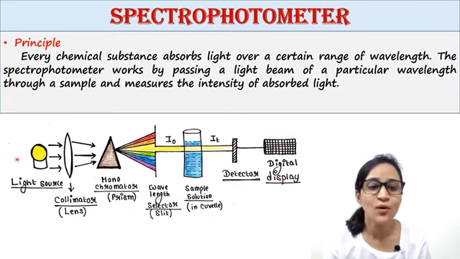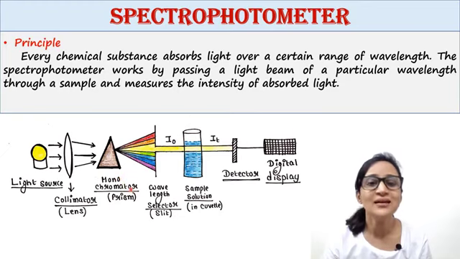The light source is transmitting light here, which is focused in this monochromator via this lens. Basically this lens or collimator is placed between the monochromator and light source because it focuses light in this monochromator, or in this prism.